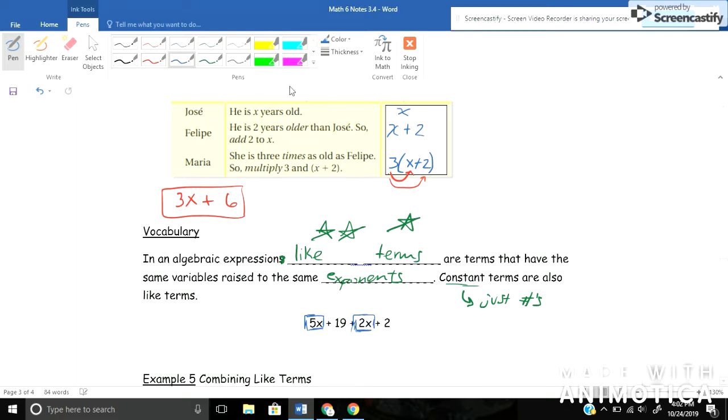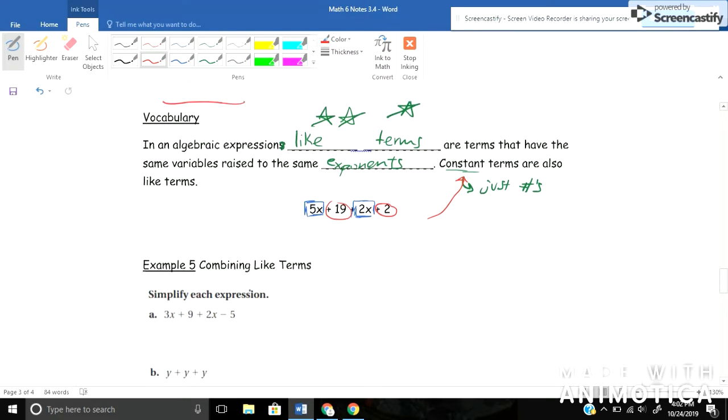And we also have another set of like terms. We have 19 and 2. They are also like terms because they are constants. They're just numbers. All right? So what we can do is combine these like terms to make our algebraic expression a little bit more simple. So let's see what that looks like in this example here.